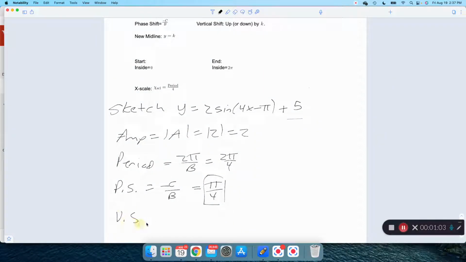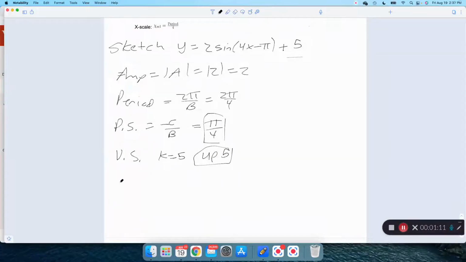Our vertical shift, K equals 5, so we're going to go up 5. That means our new midline will be the horizontal line y equals 5. That'll go right through the middle. And then from our amplitude, we're going to go up and down 2 from 5.